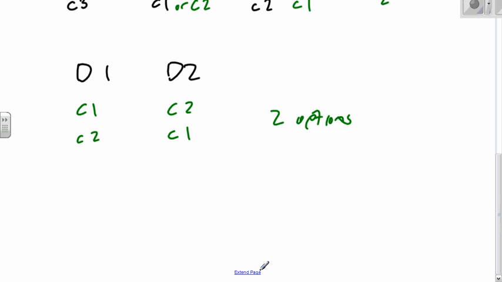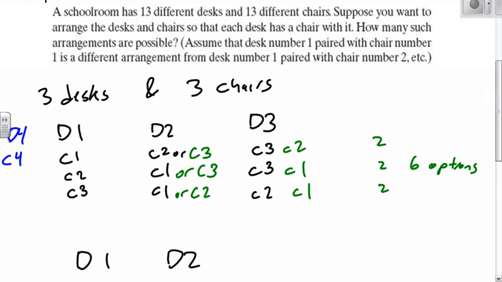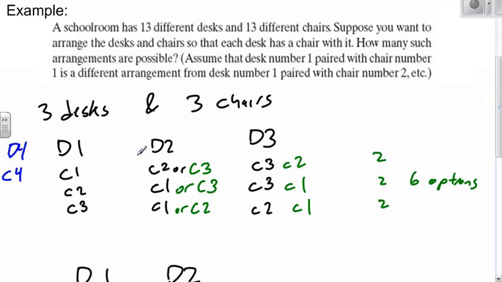It's pretty easy to see if you do a tree diagram. You start listing it out. So this happens 4 times total. So if we add in the fourth desk, it will be 6 times 4.